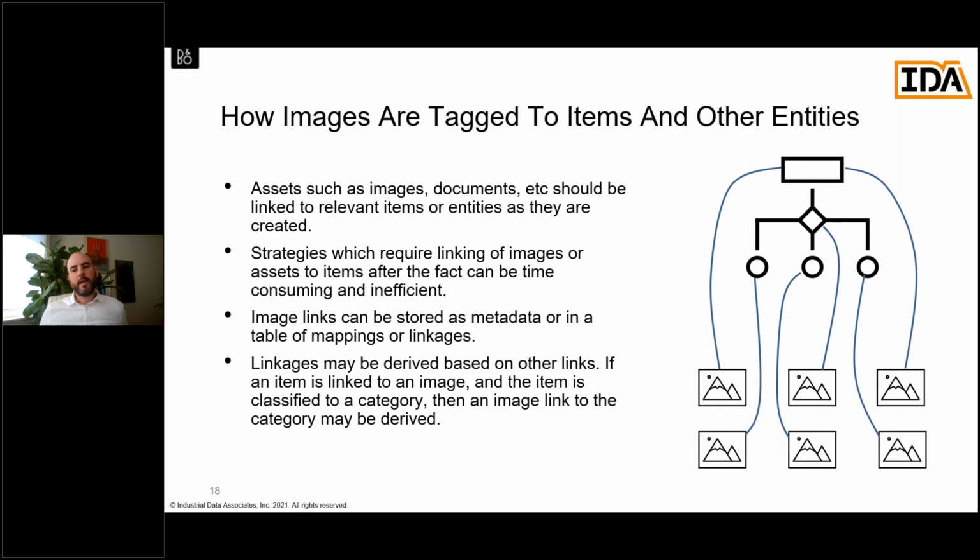So another major activity that might occur in a DAM is tagging assets to different items or entities. A major part of how Industrial Data Associates work with DAMs would be using images in DAMs to associate to different products or categories or web product detail pages.